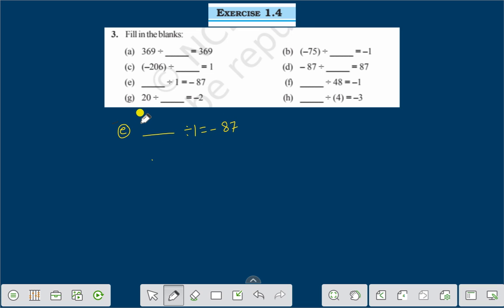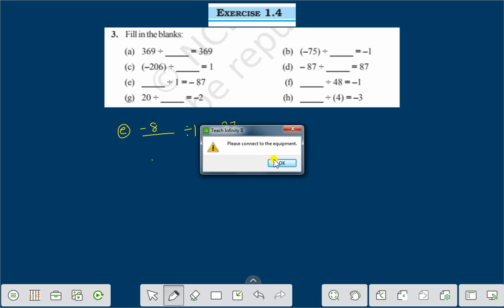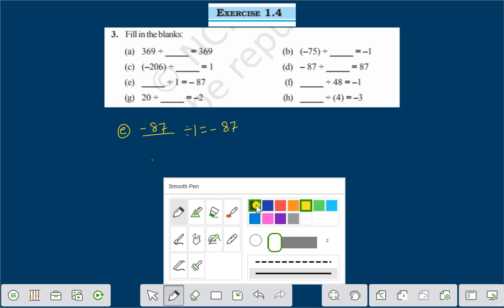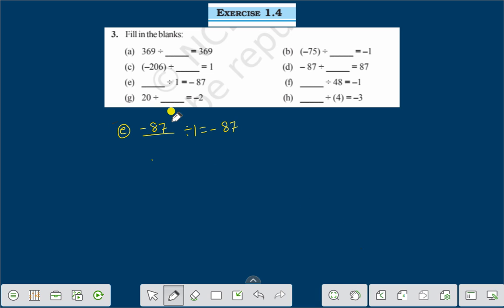Therefore if we divide minus 87 by 1, the answer will be 87, and minus divided by plus is minus. Therefore this is minus 87, right?